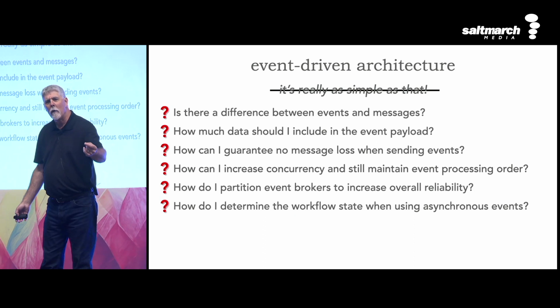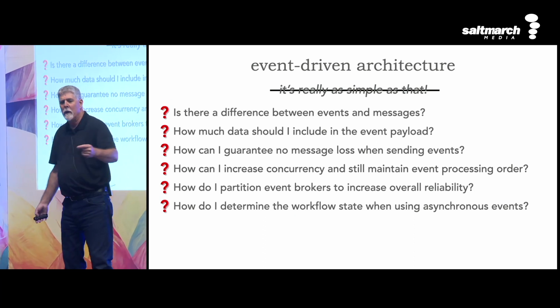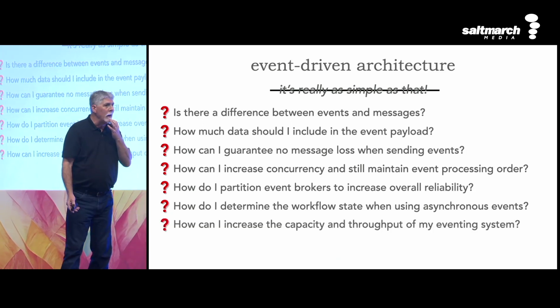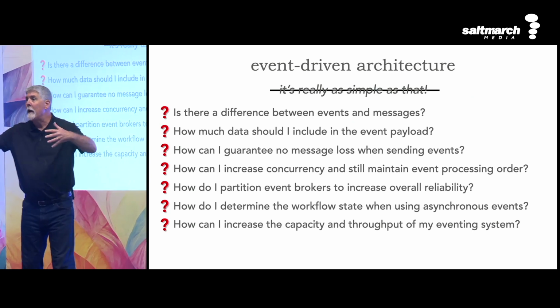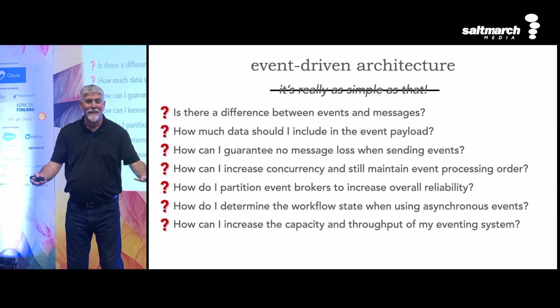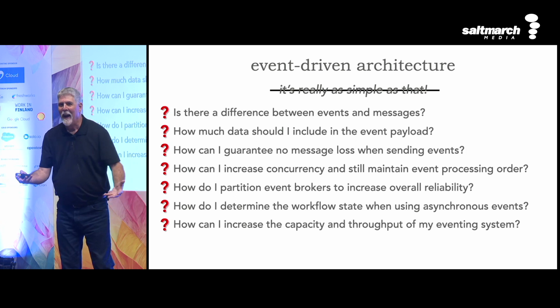Where is my order? Has it been paid? I'm curious to know where it is. So all of these pieces. Oh, and finally, how can I increase the capacity and throughput? We've done an acquisition, and all of a sudden now we have twice as many events, and we can't process them fast enough. How do you do that?